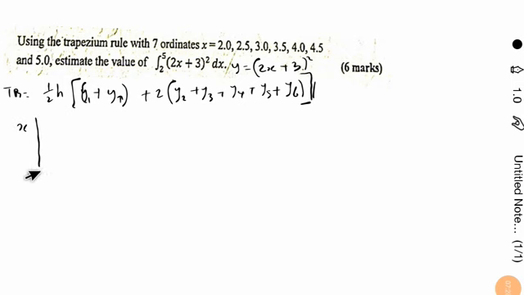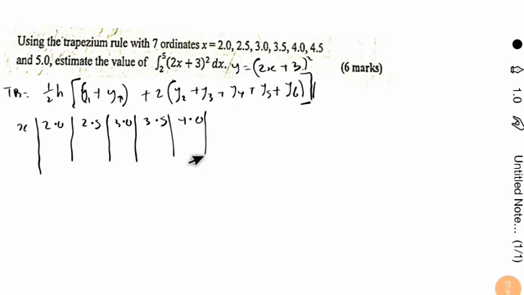We have 2.0 as a value of s, here we have 2.5, here 3.0, then 3.5, then 4.0, here we have 4.5, and here we have 5.0.